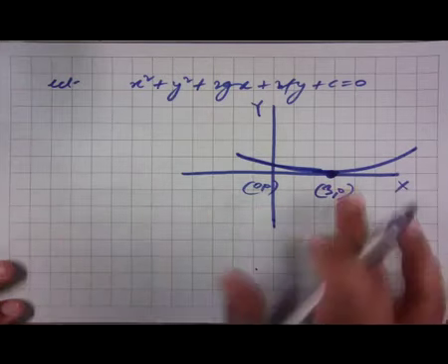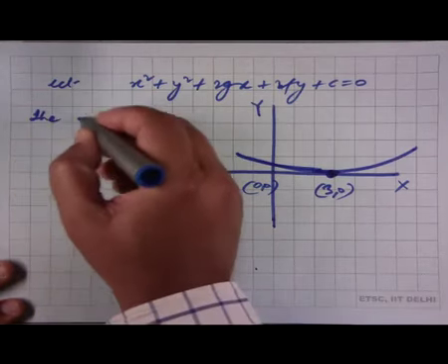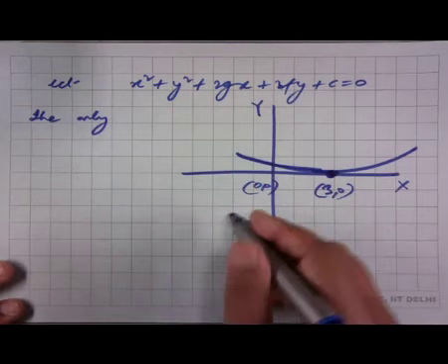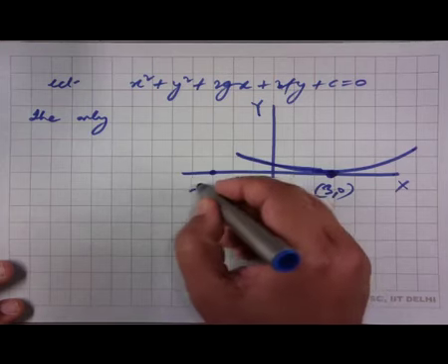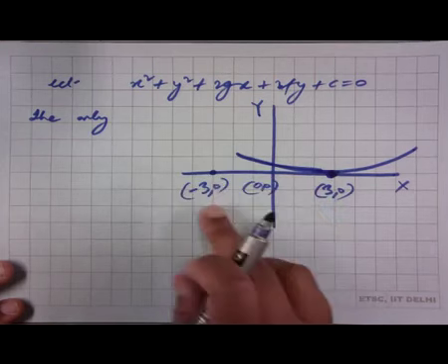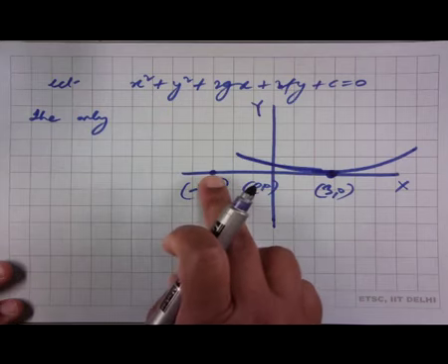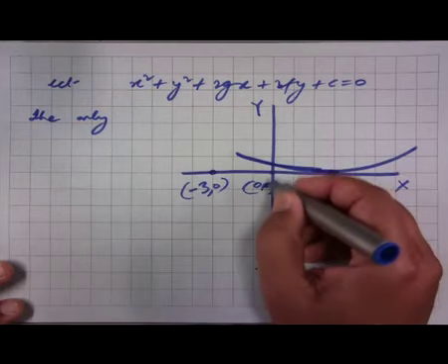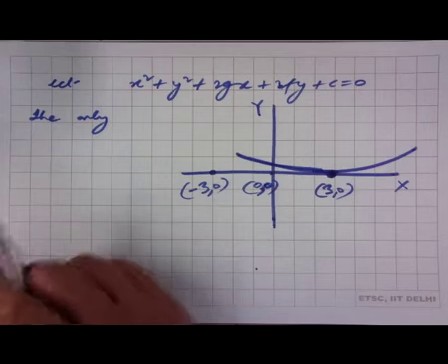What this basically implies is that, besides the case of 3 comma 0, the other case could be that the circle touches the x axis at the other point minus 3 comma 0, which is also on the x axis and also at a distance of 3 units from the origin, since this and this are both 3.